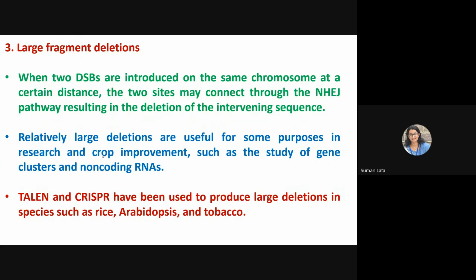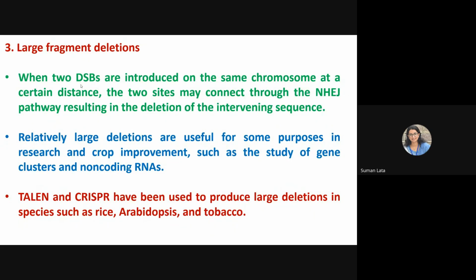Then we can create large fragment deletions using the CRISPR techniques. How are these deletions created? Suppose two double-stranded breaks are introduced on the same chromosome at a certain distance, then there is a possibility that these two sites may connect through the NHEJ, resulting in the deletion of the intervening sequence.